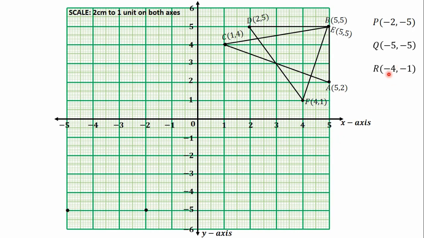And point R has the coordinates -4, -1. So -4 on the x-axis and -1 on the y-axis, that will be here. You join them to form the triangle PQR. This is point P with coordinates -2, -5. This is point Q with coordinates -5, -5. And this is point R with coordinates -4, -1.